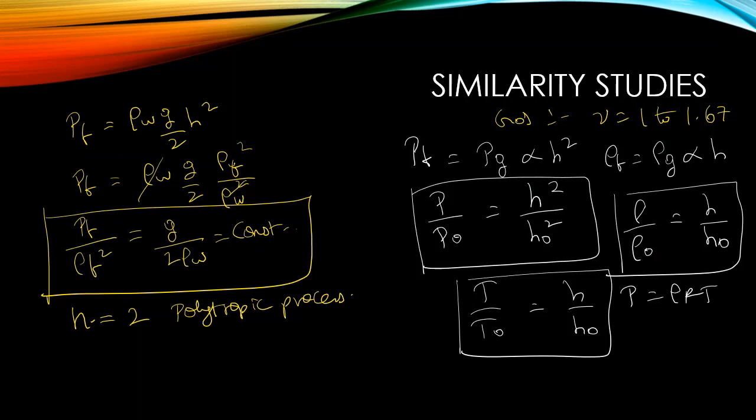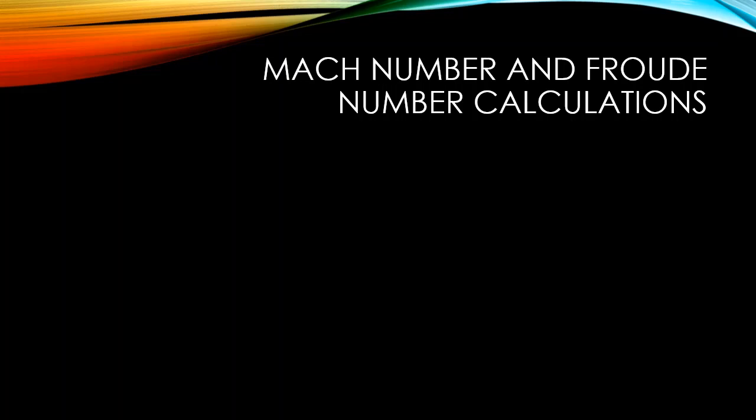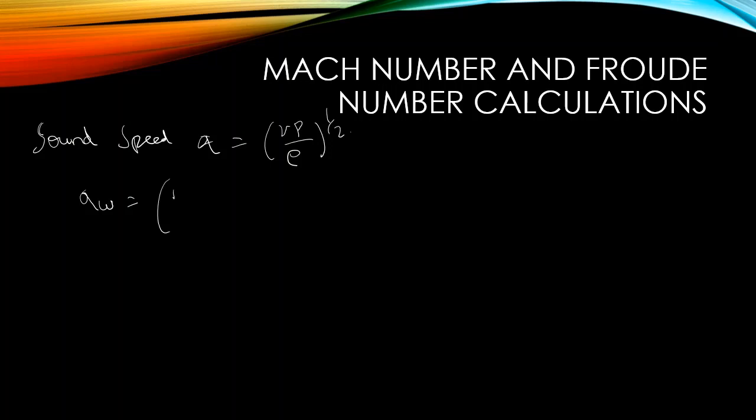And then we can also write it for the speed, that is, the sound speed. Your sound speed a is nothing but (γP/ρ) to the power of 1/2. For shallow water, aW has gamma, and you know gamma is 2 here, and then PW. What is your PF?